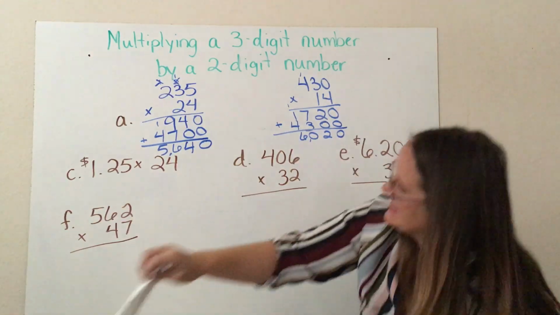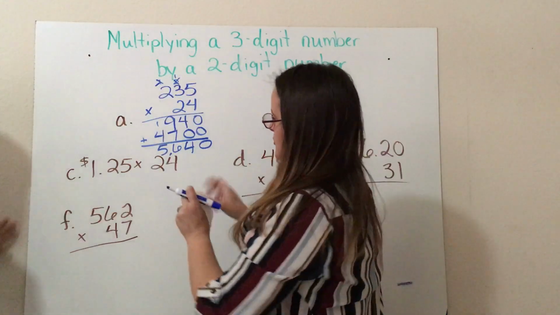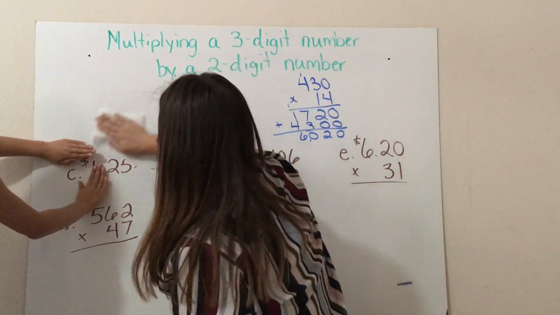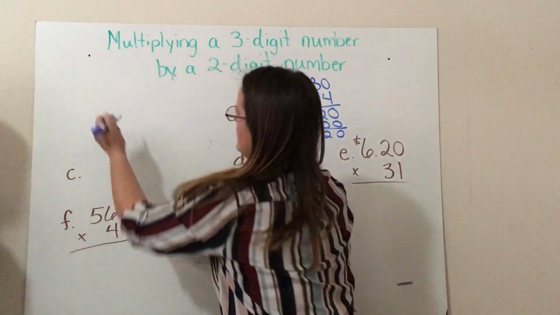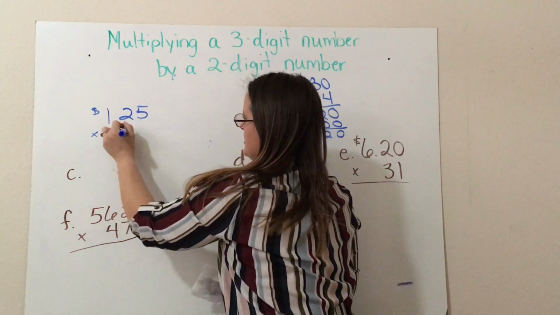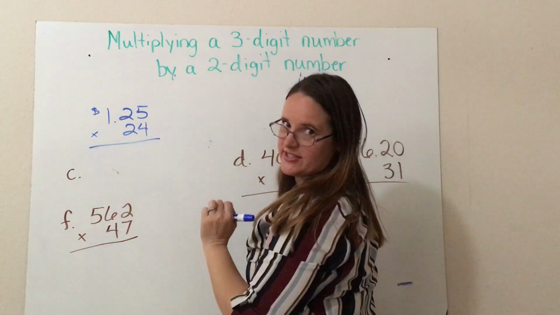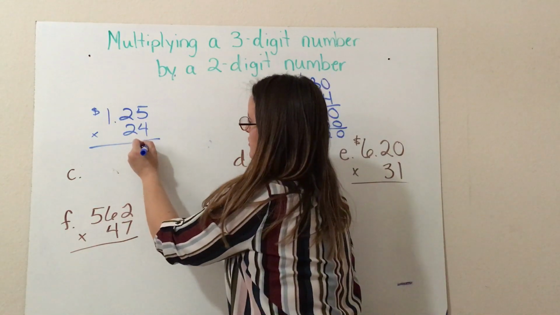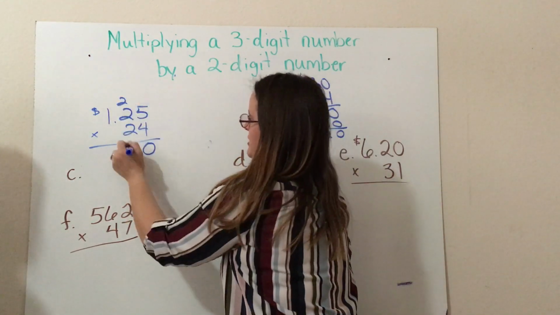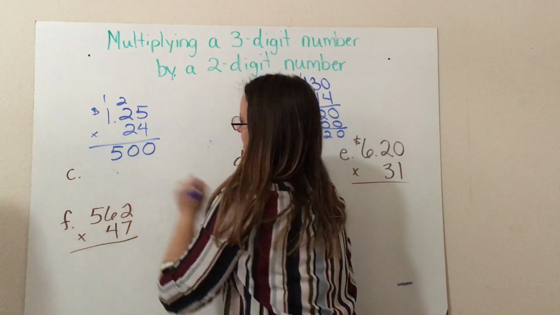Okay? C. And I'm going to get rid of A here so I have room. $1.25 times 24. Like Nyla said, we're going to ignore the dollar sign and decimal for now. 5 times 4 is 20. 4 times 2 is 8, plus 2 is 10. 4 times 1 is 4, plus 1 is 5.